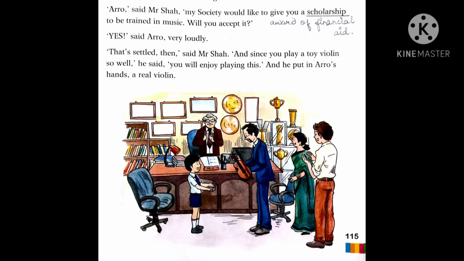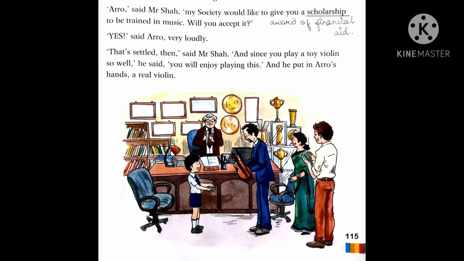"Arrow," said Mr. Shah, "my society would like to give you a scholarship to be trained in music. Will you accept it?" "Yes," said Arrow very loudly. So students, what Mr. Shah told Arrow was that my music society wants to give you a scholarship. Scholarship means award of financial aid.